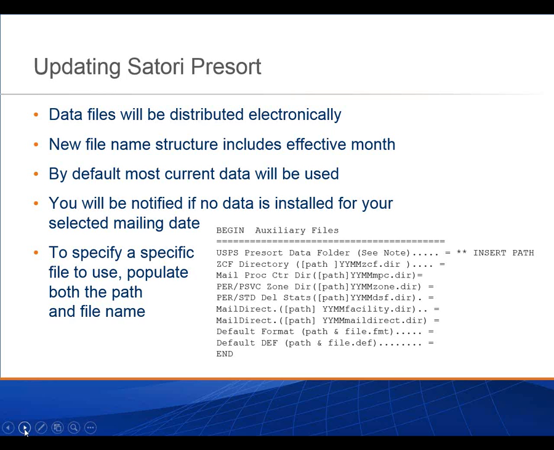But part of that is, in the job setup, you do need to specify what your expected mail induction date is, and then based off of that, it will go out and look for the correct data set to use for that. And then if no data set is available based on that date, you will be notified as well.